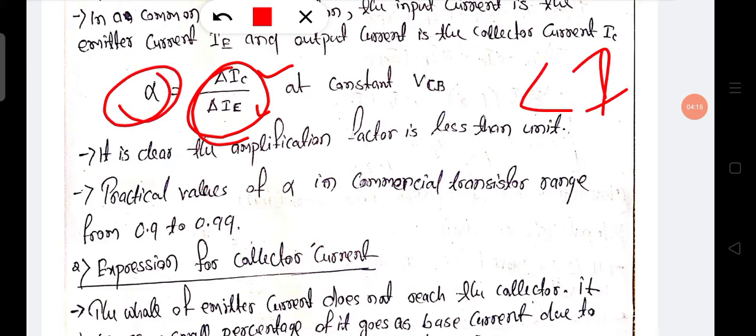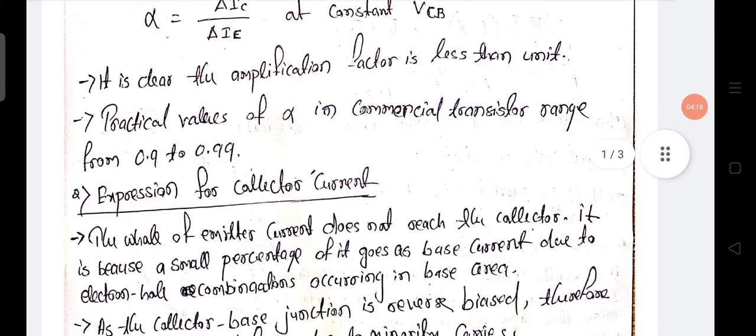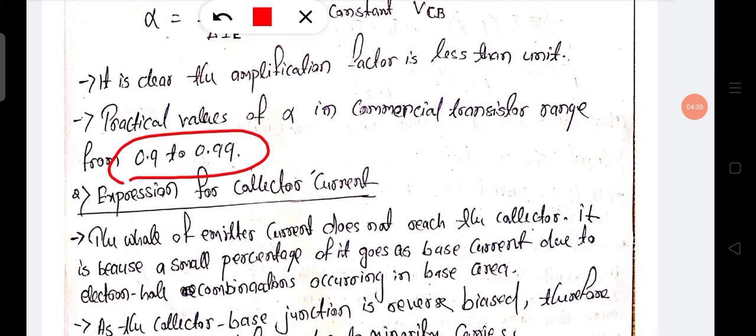In practice, in commercial common base transistors, the current amplification factor ranges between 0.9 and 0.99.